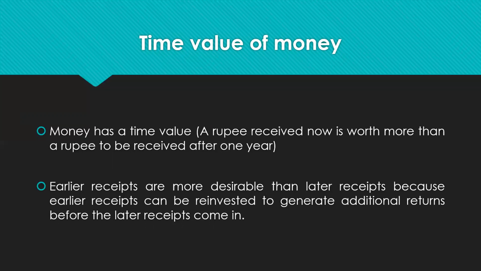Earlier receipts are more desirable than later receipts because earlier receipts can be reinvested to generate additional returns before the later receipts come in. That is what I already explained. There's also the problem that the value of money might go down. See, if you're going to a shop today and giving 1 rupee, you'll get 2 toffees. That means that 1 toffee is worth 50 paise.